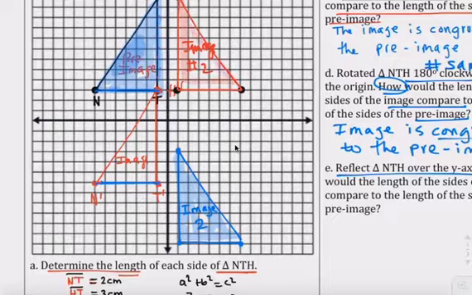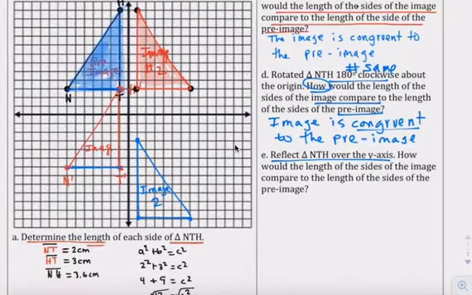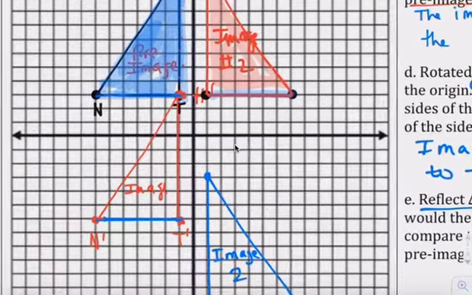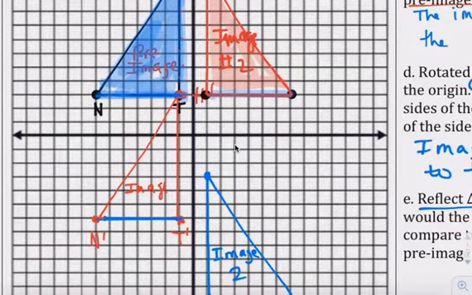How would this compare to the pre-image, the blue? I'll take this out so you know what I'm talking about. This blue right here. How do they compare? How would the length of the sides of the image compare to the length of the side of the pre-image? Measure them. You can measure this right here, and it'll be the same length as NT here.